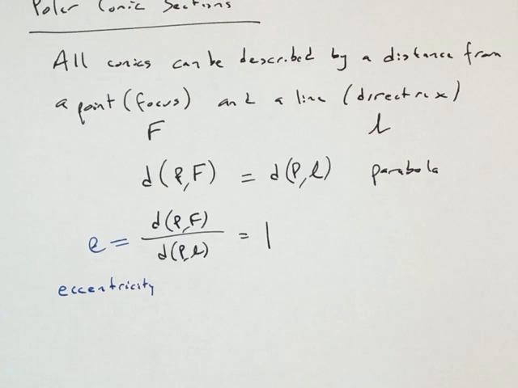Now it turns out that there's a separate definition of eccentricity for an ellipse and a separate definition of eccentricity for a hyperbola, and they turn out to be equivalent to this.